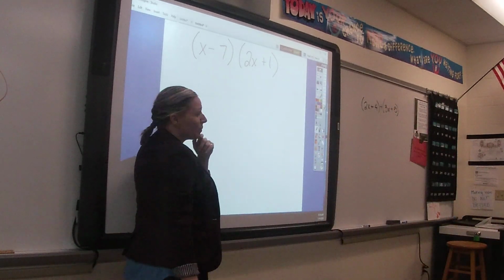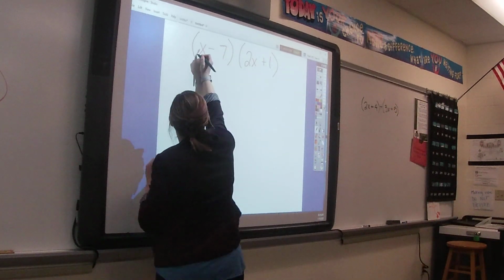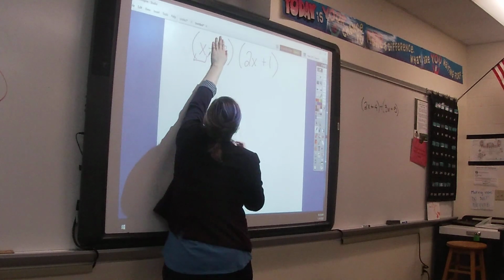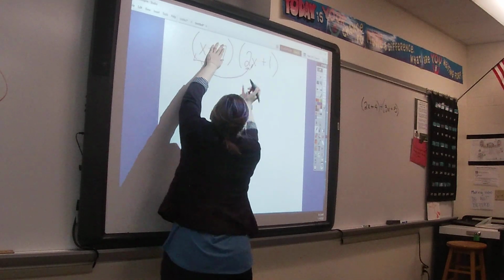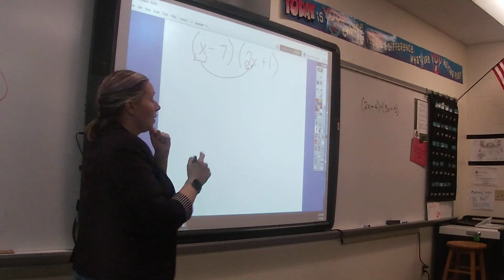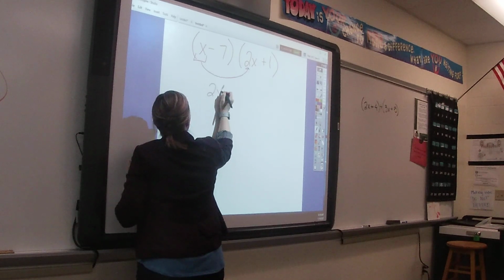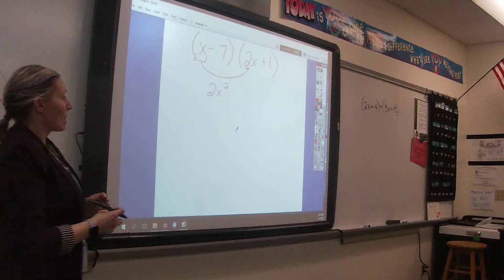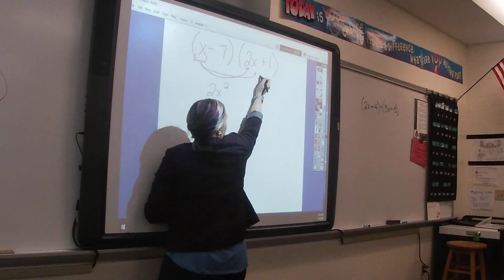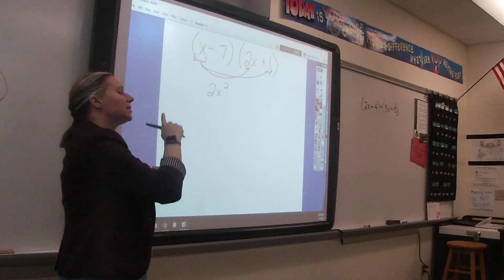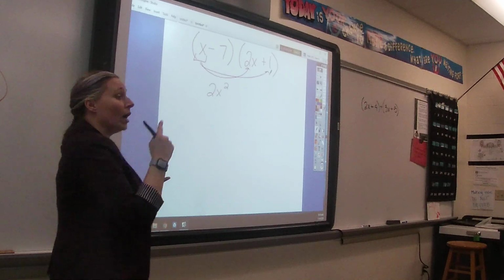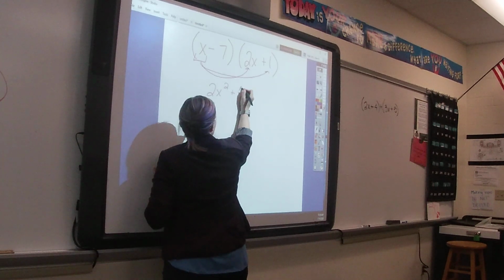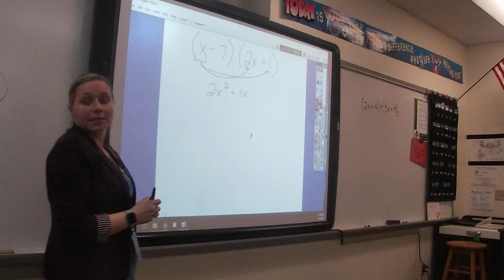So what are we going to distribute first? The x. So we're going to ignore this. What is x times 2x? 2x squared. And then plus 2, because 1 times 1 plus is 1x. What's x times 1? 1x, a positive 1x.